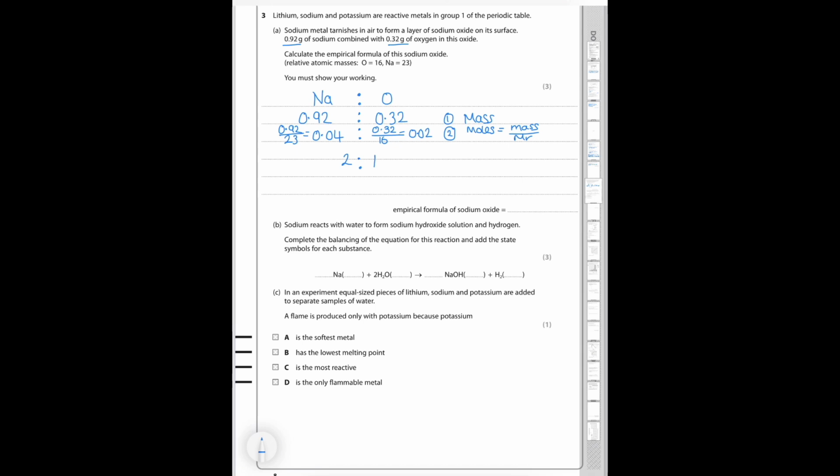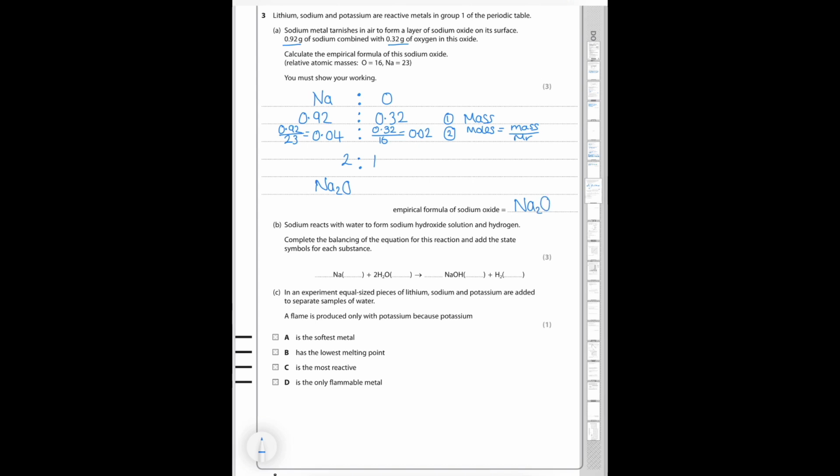So therefore, our empirical formula is we are going to have 2 sodium atoms reacting and combining with 1 oxygen atom. So our empirical formula is Na2O.